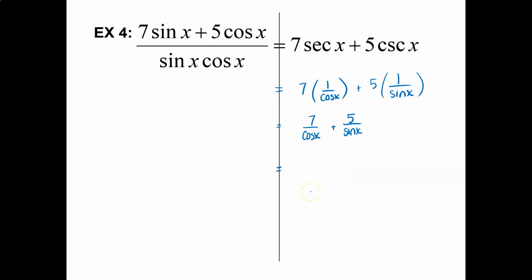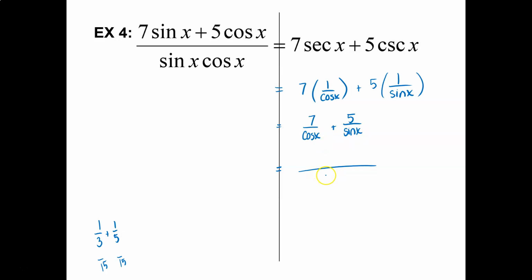Not tangent. What if I had 1/3 and I was trying to add 1/5? What's the common denominator there? It's 15. How'd you get it? You multiplied those together. So over here, these aren't numbers, but it's the same thing.